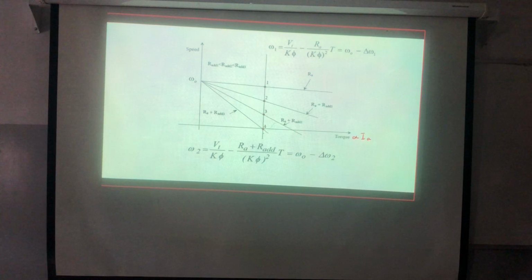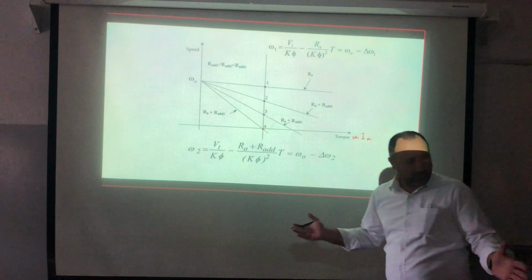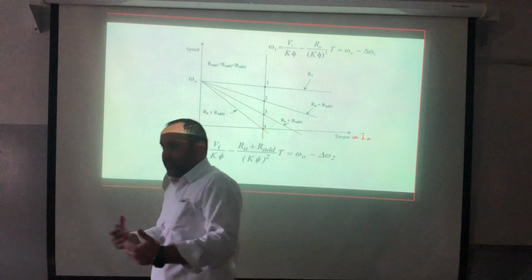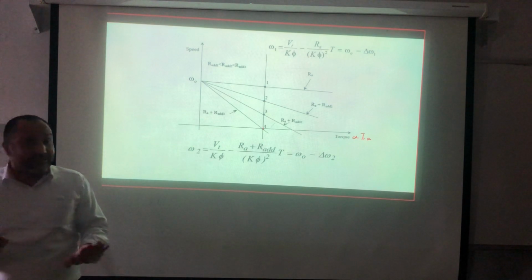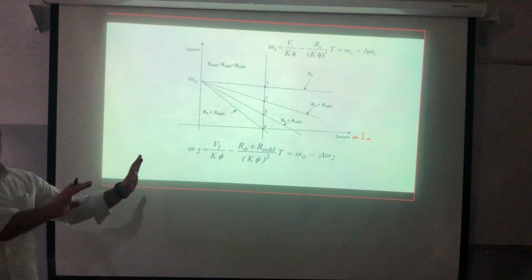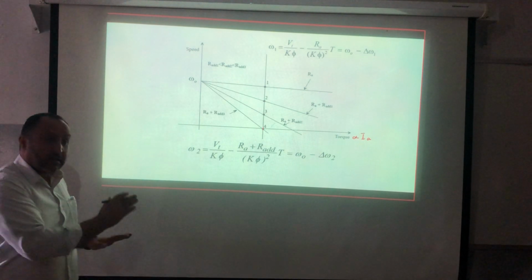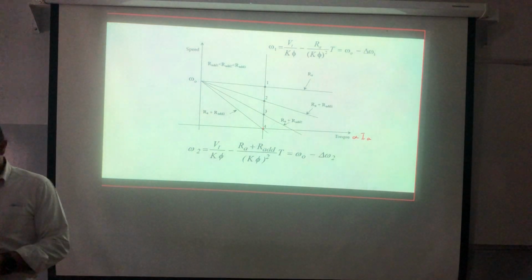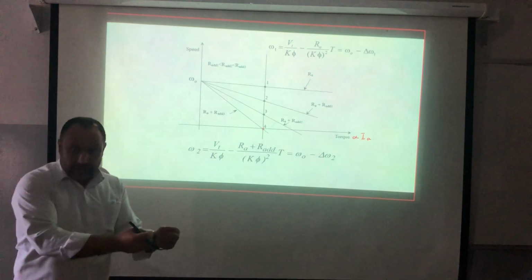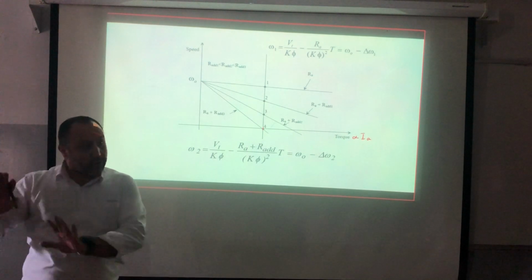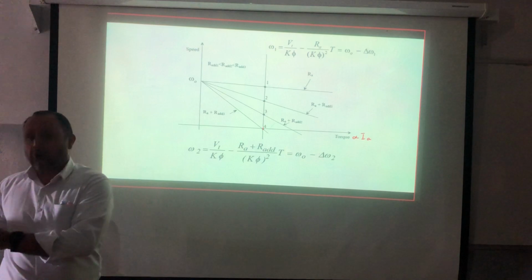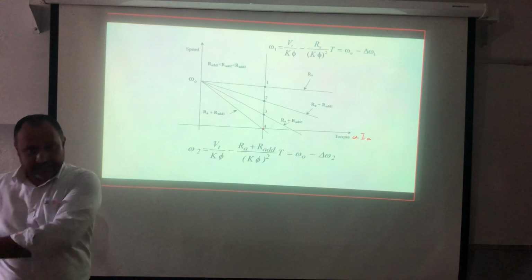Yes. So this is a constant current. Why? Because the load is constant, and I'm assuming the flux is constant. If the flux is not constant, of course, something else will change. This torque speed characteristic is under the assumption that I'm adding external resistance to the armature while fixing all the other parameters at their rated values.